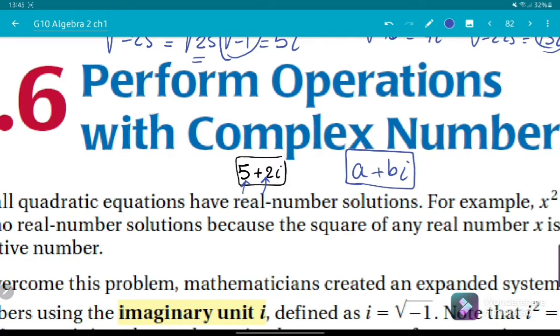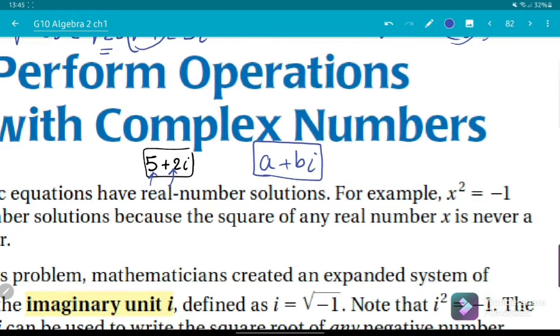So this is the standard form of the complex number. For example, 7 + 2i or 3 - 5i. This is called a complex number. It consists of a real part and an imaginary part.